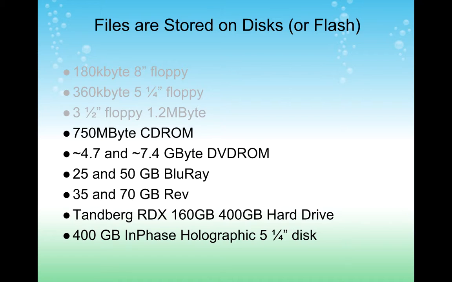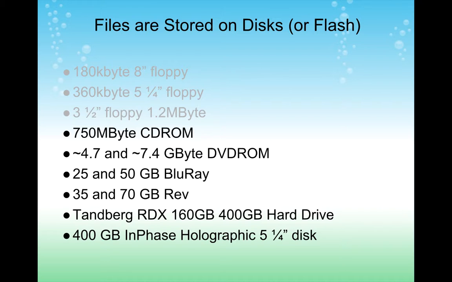Files are stored on removable disks or flash. And those removable disks have gotten bigger and bigger. Right, from the original floppy disks, the CD-ROMs and DVDs and Blu-rays. And there's now, Sony has an optical disc array that has 10 Blu-ray discs together in changers.